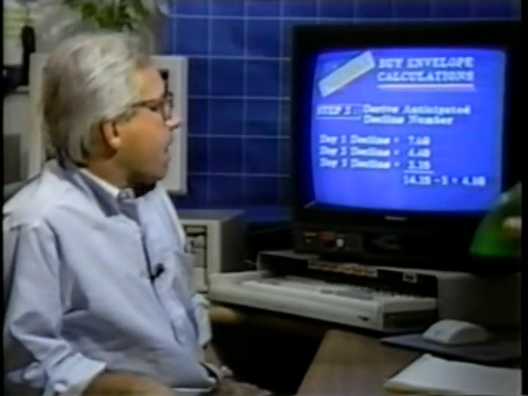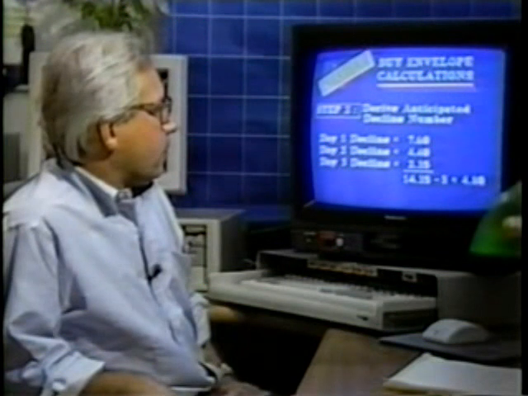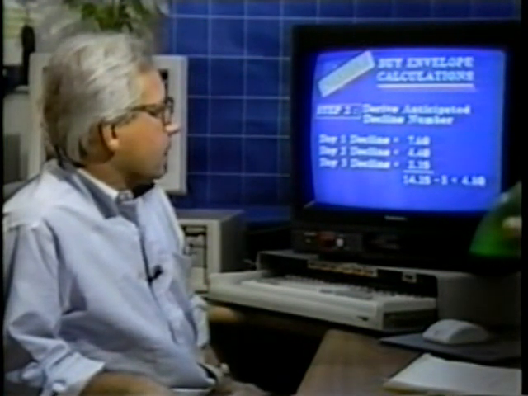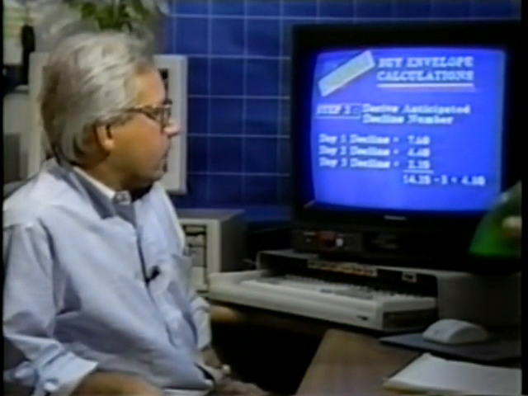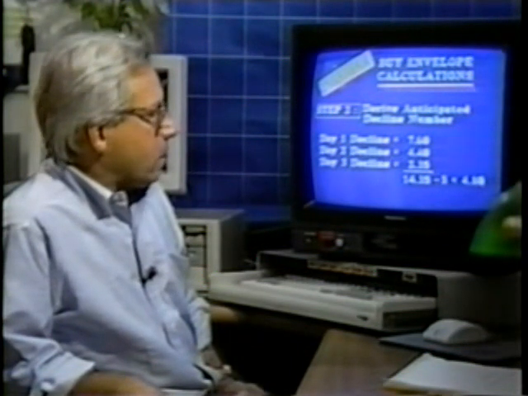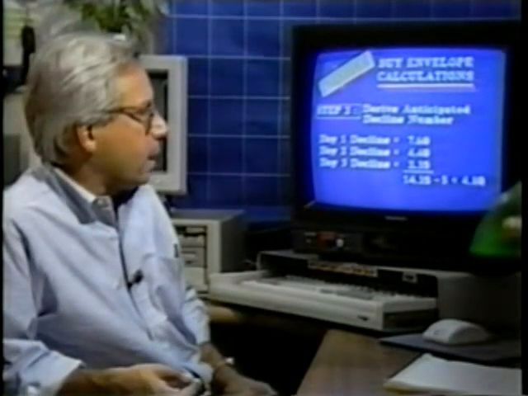Step 2 is we've derived the anticipated decline number. We've added the 3, we get 14.35, we divide it by 3, and we get an average decline of 4.80. This means, on average, over the last 3 days, the market has trended down from one day's high to the next day's low, an average of 4.80.